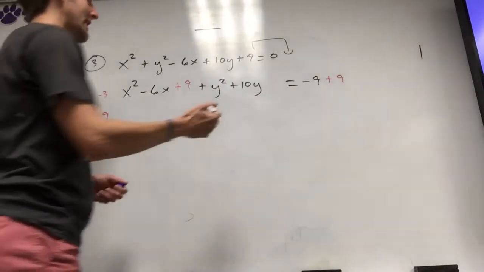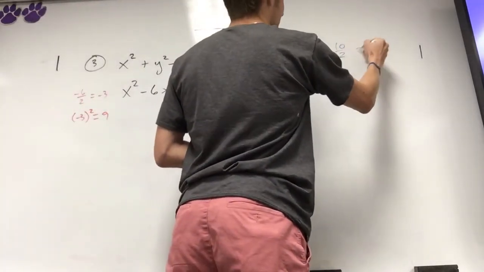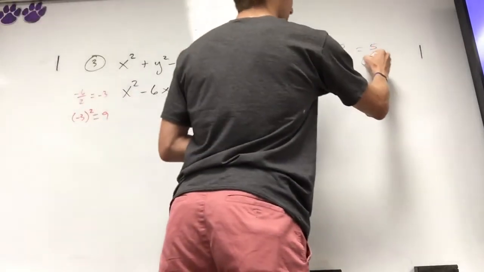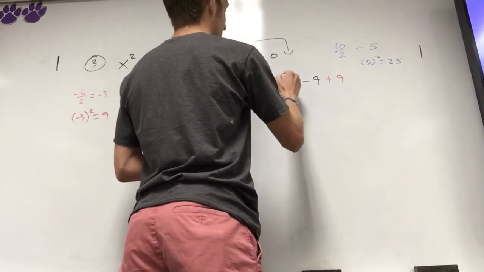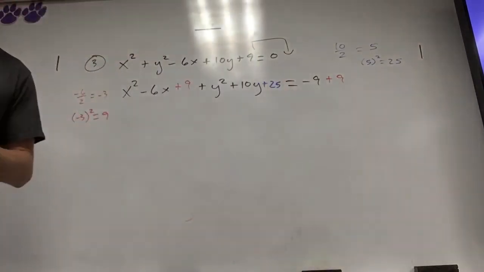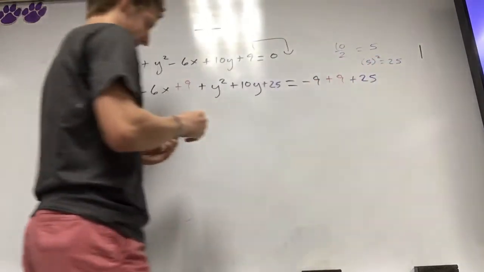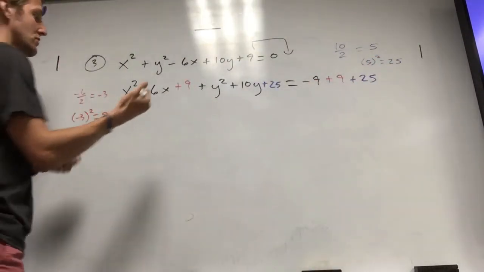Same thing with the y. I'm going to take that middle term, which is 10. I'm going to take half of it, 5. Then I'm going to square it. 5 squared is 25. So I add a 25 to the left while also adding a 25 to the right. Then my equation for the circle comes in one big swoop here.